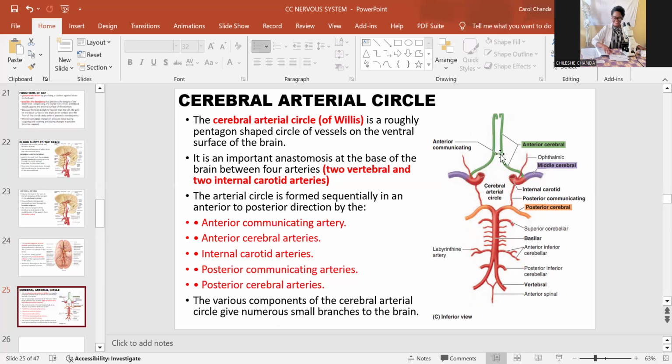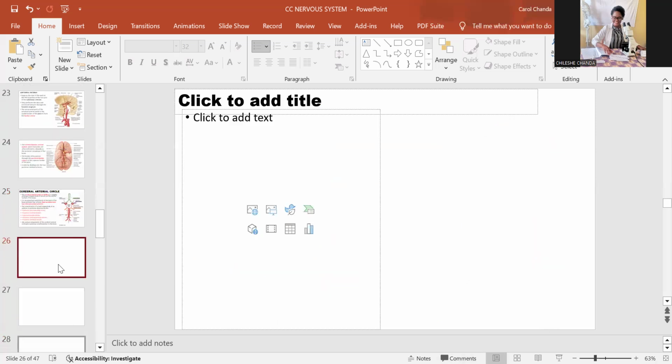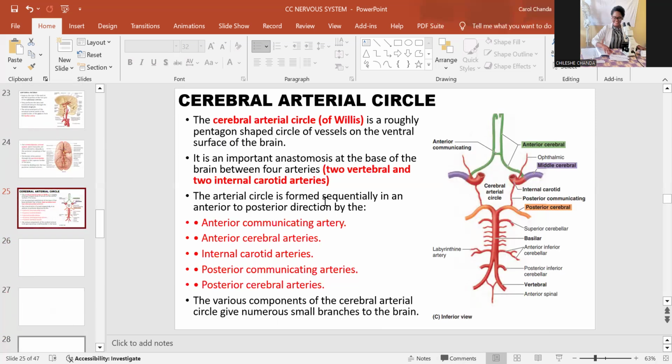The anterior cerebral arteries will then communicate with each other through the anterior communicating artery. So that is the blood supply of the brain.